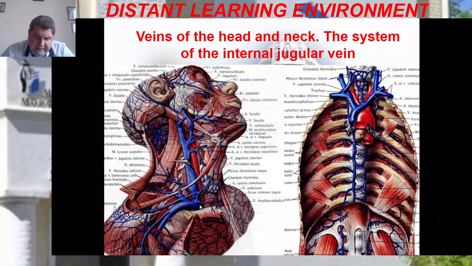So you may see the formation of these veins here behind the sternoclavicular joint, and you can see that the internal jugular vein and subclavian vein form this brachiocephalic vein, for example, of the right side.